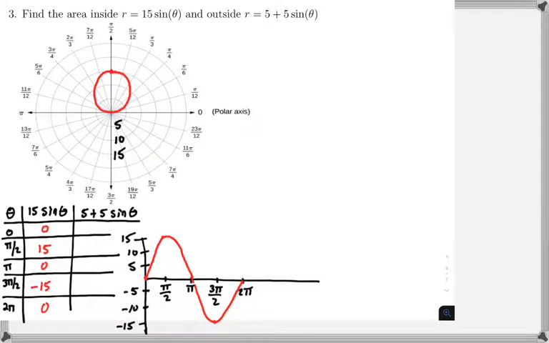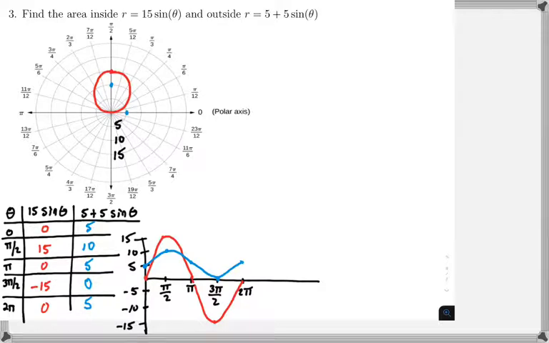Okay. Now let's go ahead and look at the 5 plus 5 sine of theta. That's going to go 5, 10, 5, 0, and 5. So we're going to start out at 5, 0, and then we're going to go to pi over 2, 10.